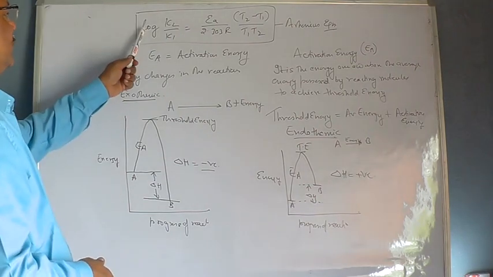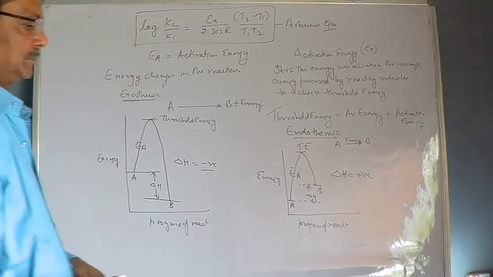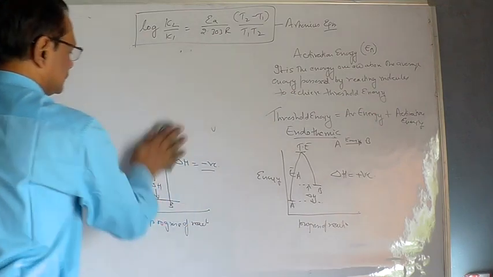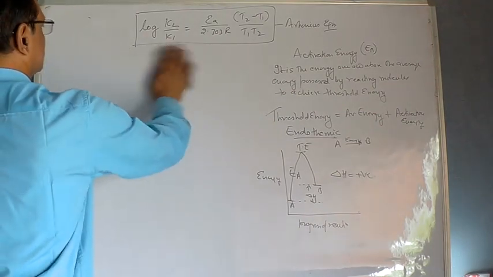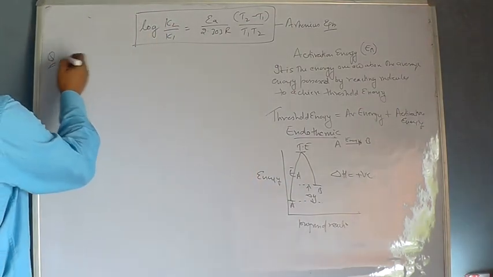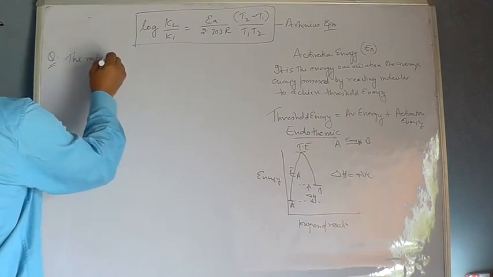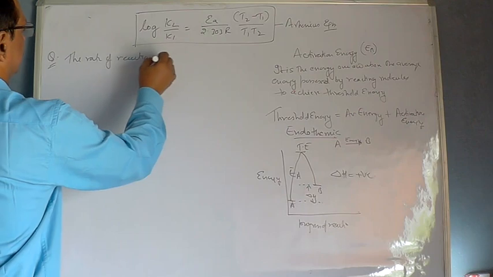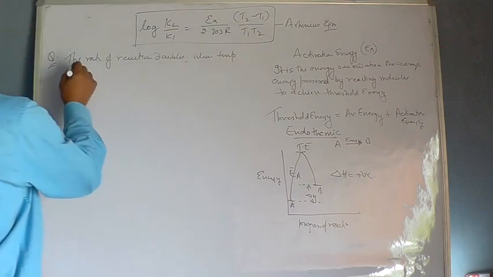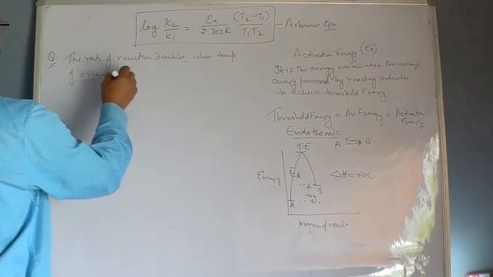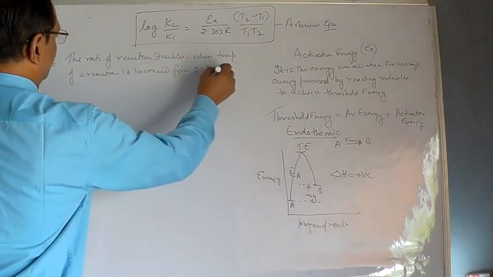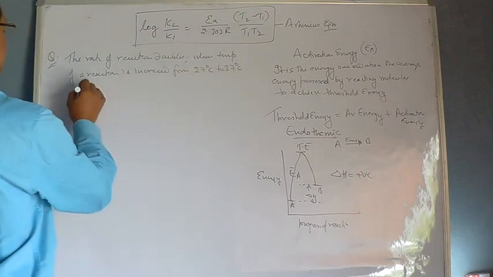Now class, we are going to have a numerical on Arrhenius equation. The question is, the rate of reaction doubles when temperature of a reaction is increased from 27 degrees centigrade to 37 degrees centigrade.